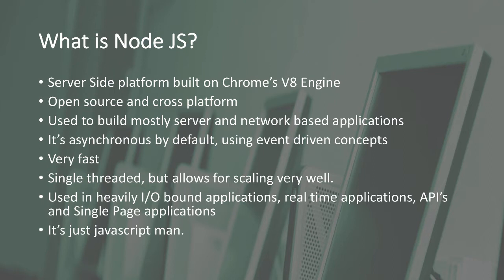I'm going to explain in a minute what that V8 engine is, but it's built on top of something developed by Google. It's open source and cross-platform, so Node can run on Windows, Mac, Linux, and so on.